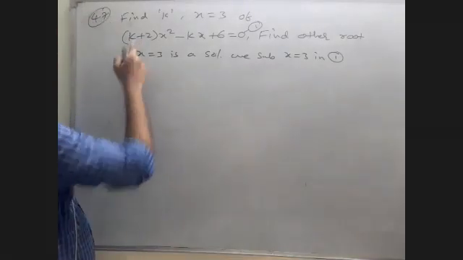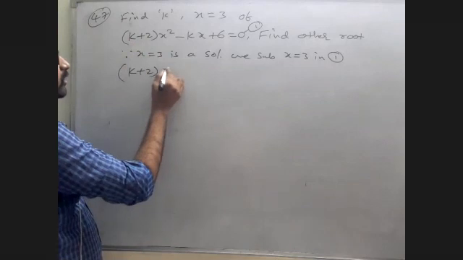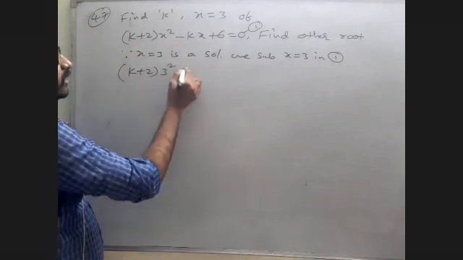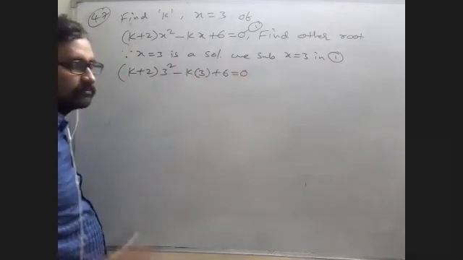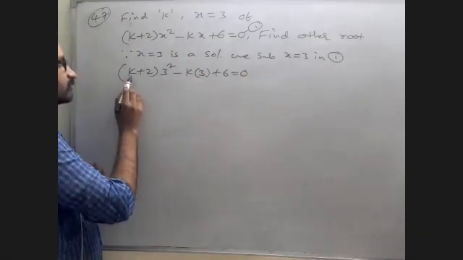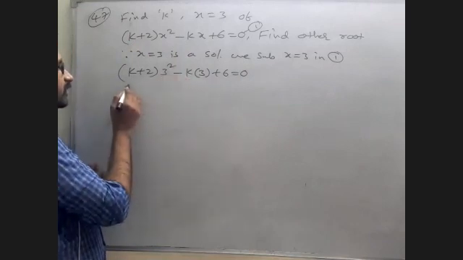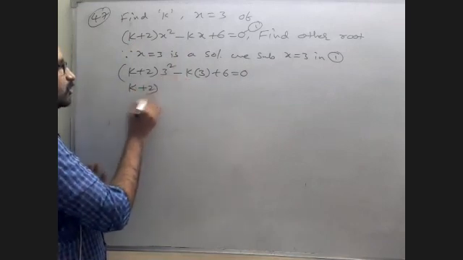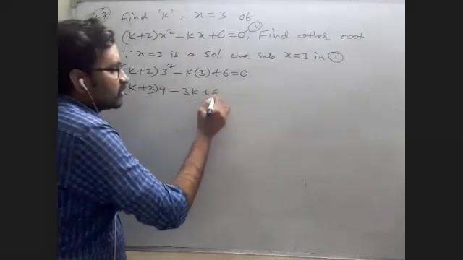Now substitution I am doing: k plus 2 into x value 3 square, minus k into x value 3, plus 6 is equal to 0. Now see, k plus 2 into 3 square. 3 square will be 9. k plus 2 into 9 minus 3k plus 6 is equal to 0.